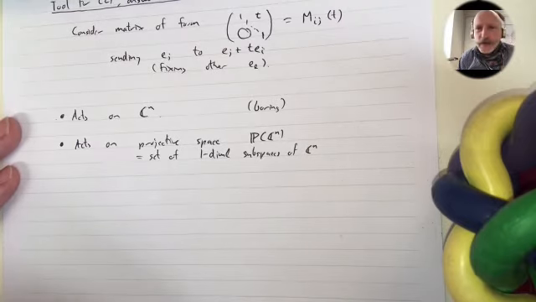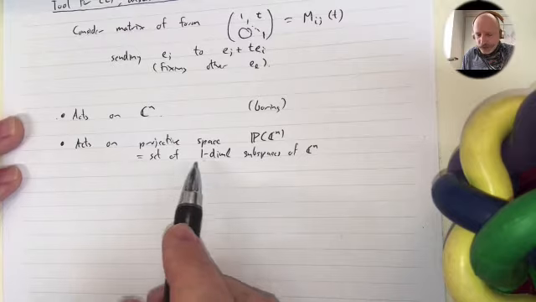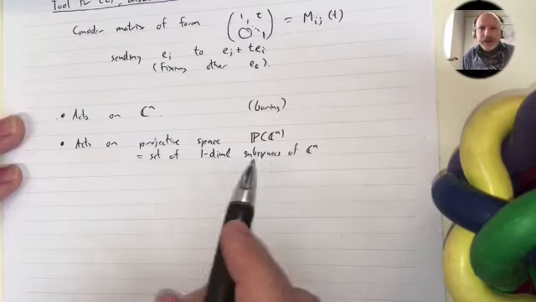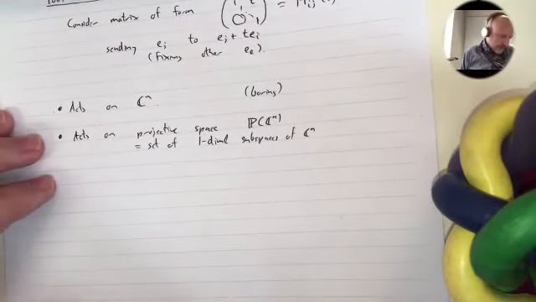And I guess you better throw out 0 when you do that. Of course, vectors up to a scalar multiple and one-dimensional subspaces are the same thing, so nothing more to say about that.